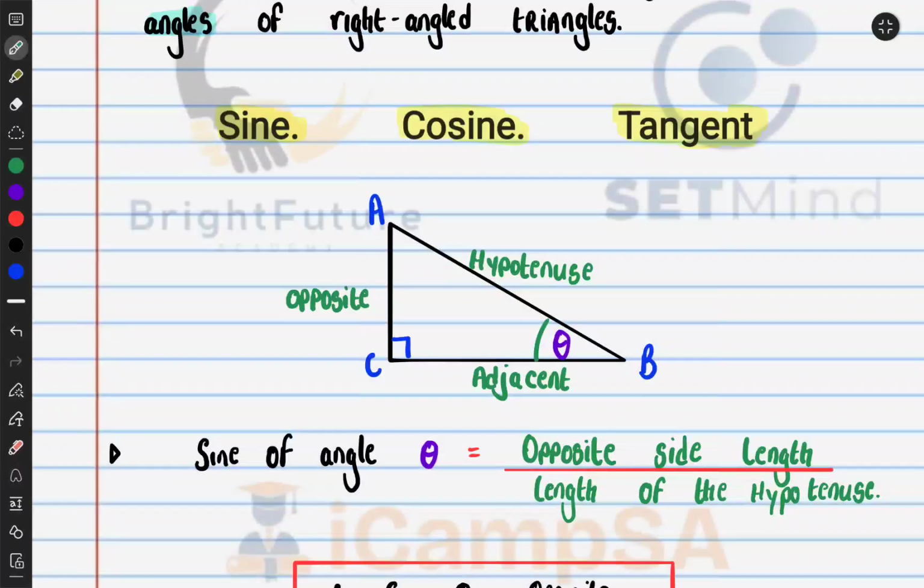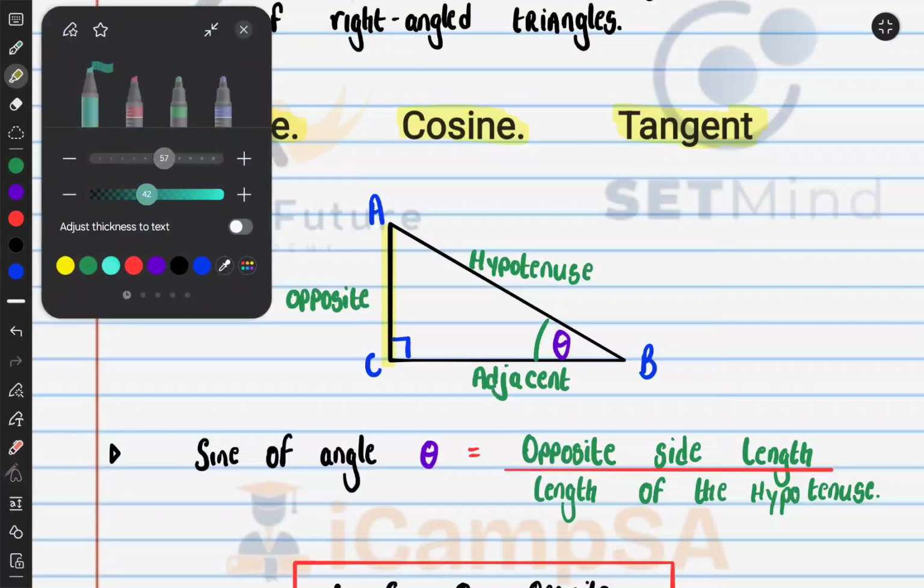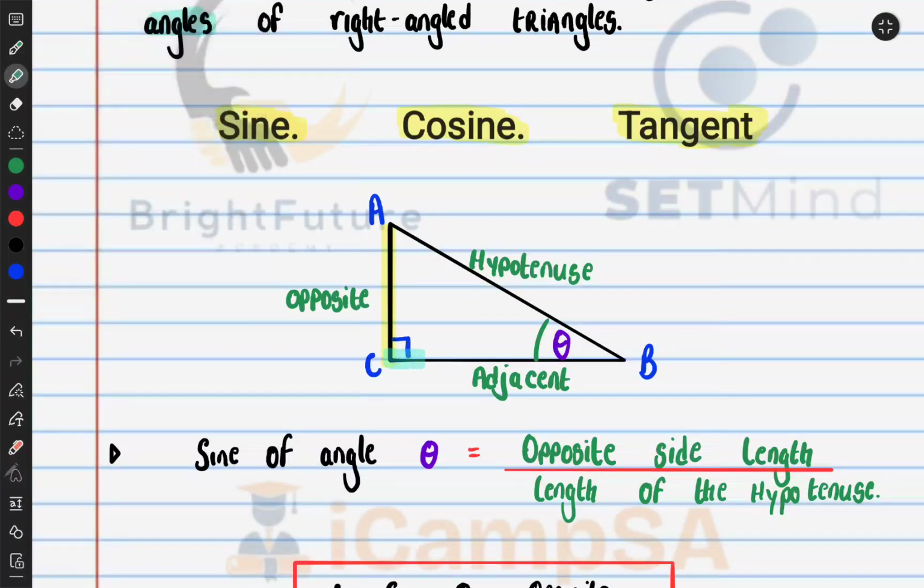Let's look at the side opposite to angle theta. It's side AC. That will be the side opposite to angle theta, and the side next to angle theta will be side CB. That will be the side adjacent to angle theta.